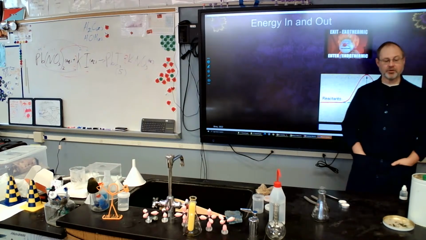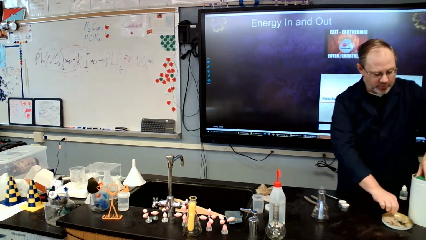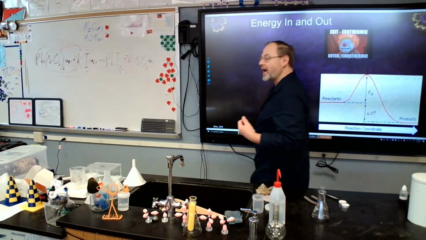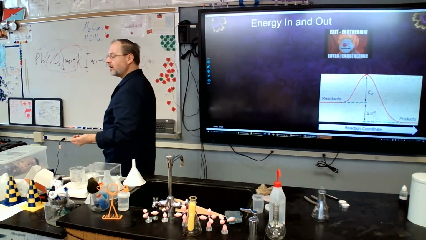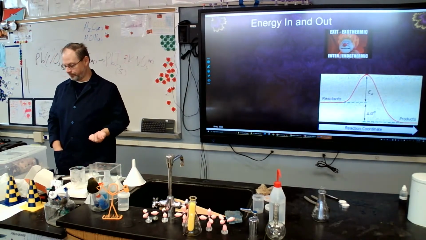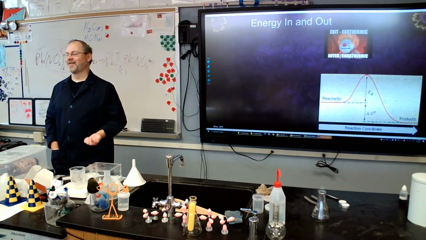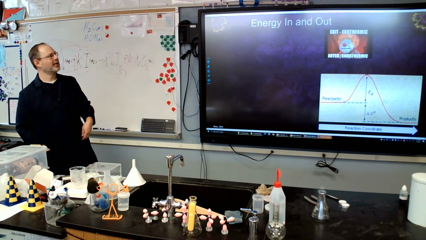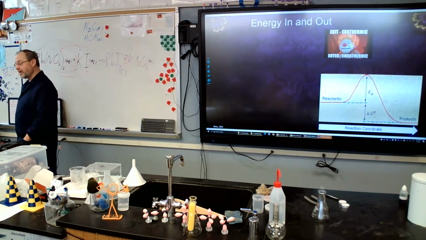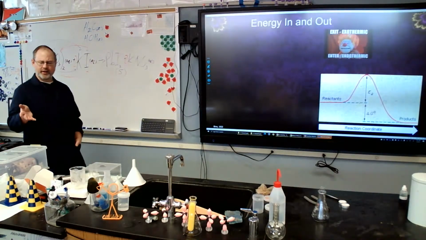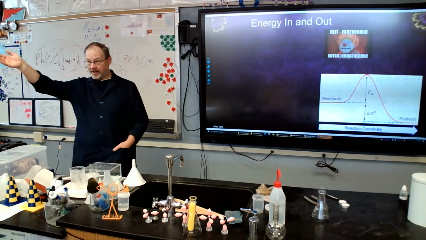Okay. This is probably a little new. We talked briefly about energy numerous times. Reactions can be exothermic or endothermic. So reactions can be endothermic or exothermic. What does exo sound like? Exit. Exit, to leave, right?